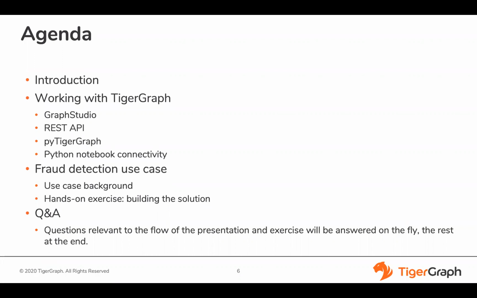And as usual, the workshop will end with a Q&A session where we can answer all of the questions that could not be answered during the presentation and the exercises. The questions during the presentation and exercises will be answered if they are related to that given step. If it's a more generic, higher level question, those will be answered at the end.